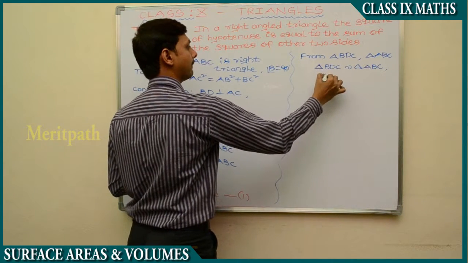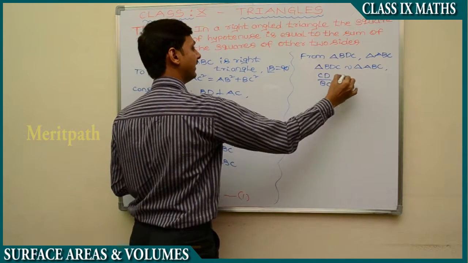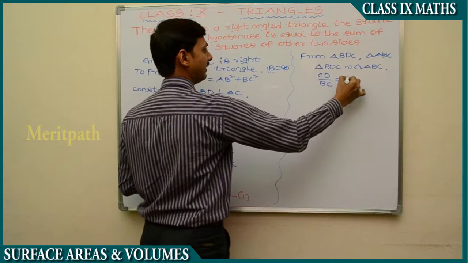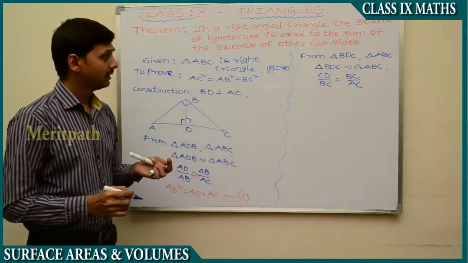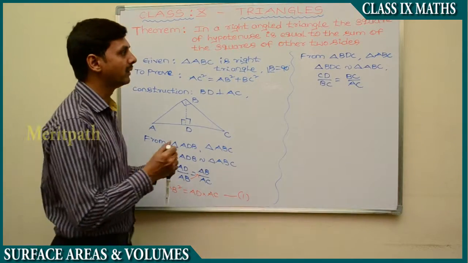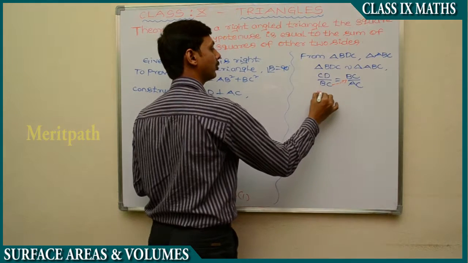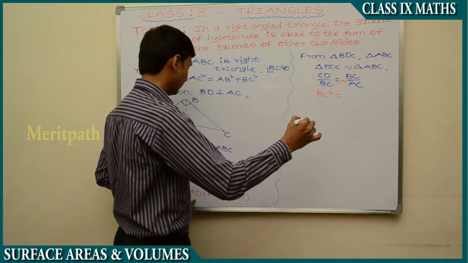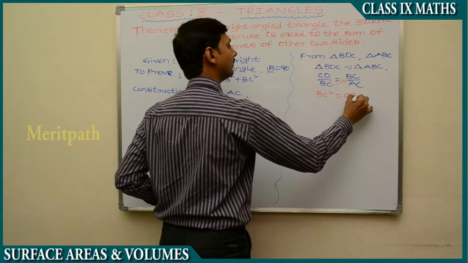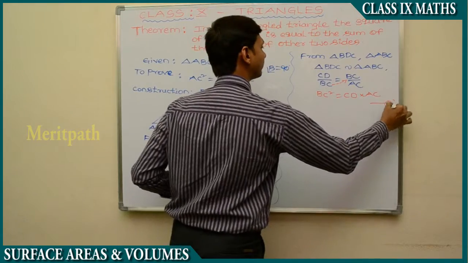CD by BC is equal to BC by AC. We can observe here BC and BC are common. So let's do the cross multiplication. So we get BC square is equal to CD into AC. Let's write this as equation 2.